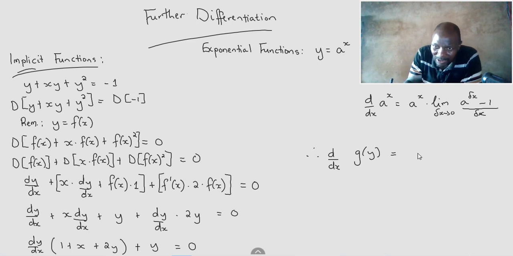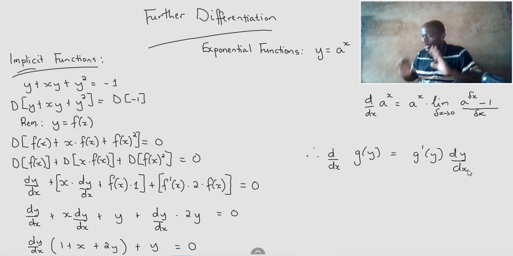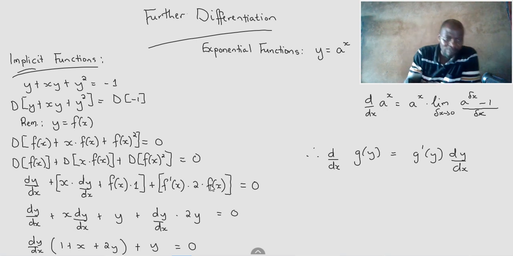We'll say differentiate as if it is with respect to y, and then differentiate the y function the normal way. So what I want people to understand here is, if you look at this, this is a function in y, but I'm differentiating with respect to x.